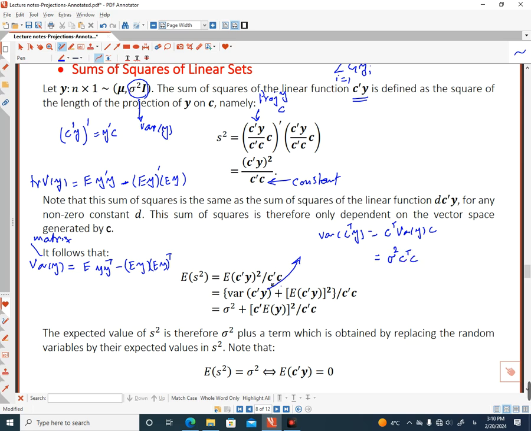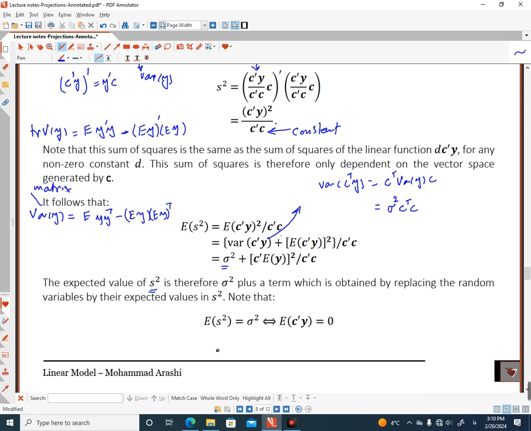And if you divide it by c prime c in the denominator, then you will get sigma square as the variance plus the expected value of c prime y power 2 divided by c prime c. So the expected value of s square is sigma square plus a term which is obtained by replacing the random variable by the expected values in s square.